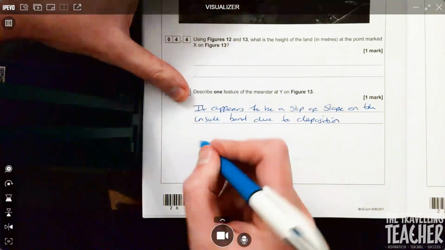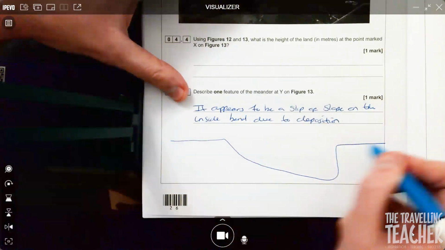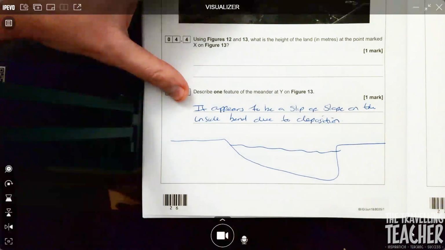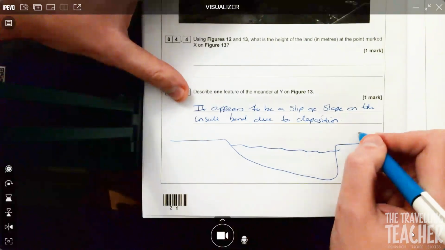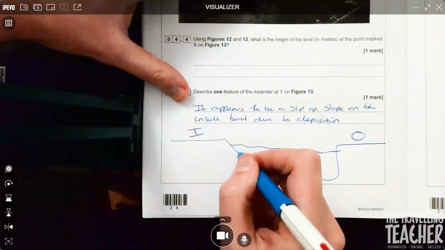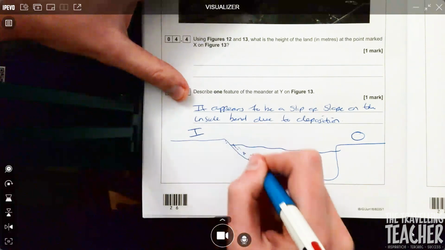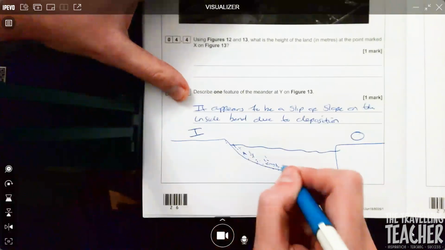If you're wondering what a slip of slope is, if I just draw a cross section of a meander, okay, there's our cross section. This right here is the outside bend. This is the inside bend. So on the inside bend, we're going to have loads of deposition just building up here, which is what we can see on that picture.